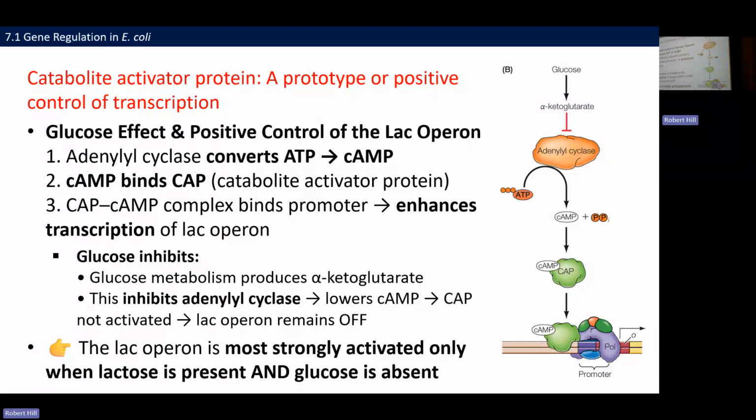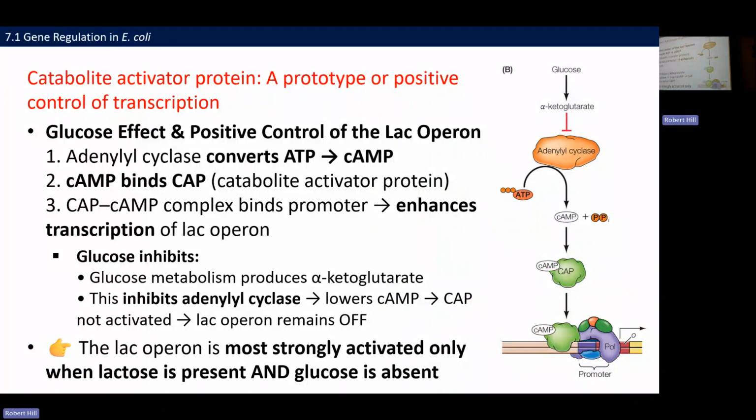There's a molecule called adenylyl cyclase, which converts adenosine triphosphate, ATP, into cyclic AMP. As we get into signaling pathways, you're going to start to see cyclic AMP is a very prominent molecule. It's very important. So adenylyl cyclase converts ATP into cAMP.